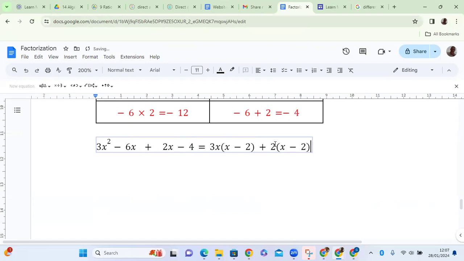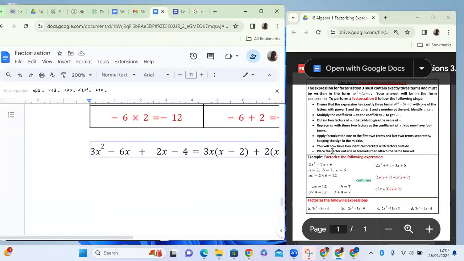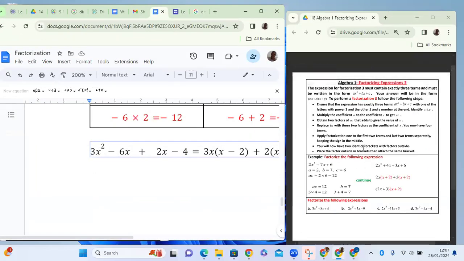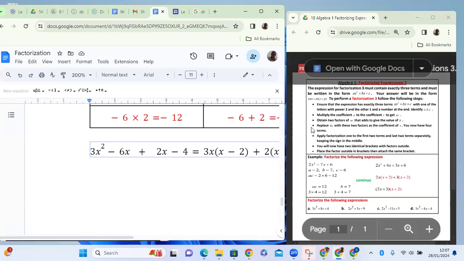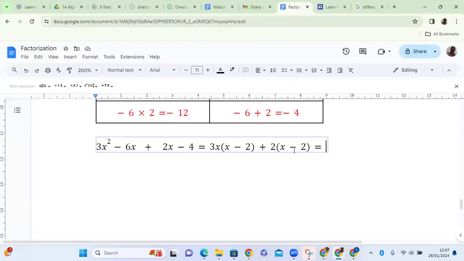And therefore, this is very important. What's in the bracket must be identical. It says there, you will now have 2 identical brackets with factors outside. So our identical brackets are x minus 2 and x minus 2. You must have 2 identical brackets.